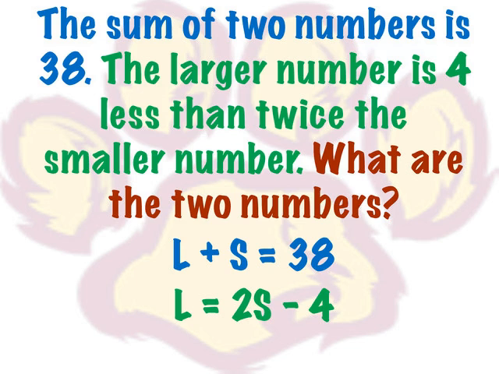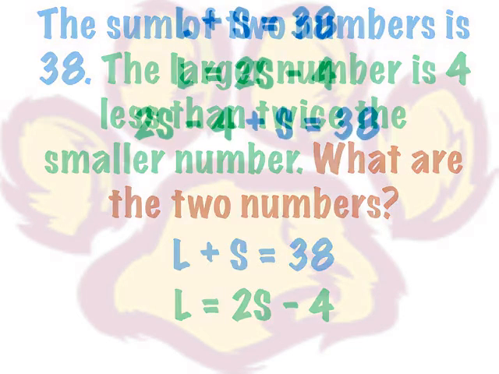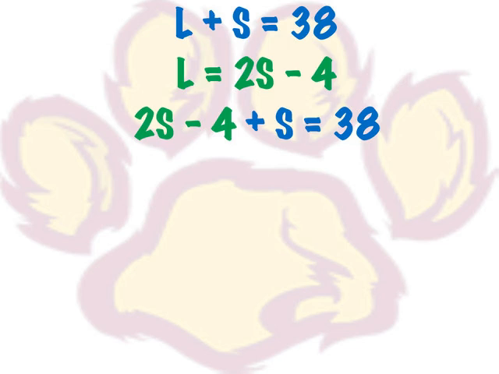So we're going to take our two equations and solve. So, like we had before, our first equation was L plus S equals 38. Our second equation was L equals 2S minus 4. So what we're going to do is a little substitution. We're going to start with that first equation, L plus S equals 38.